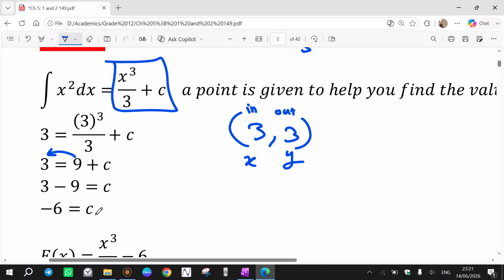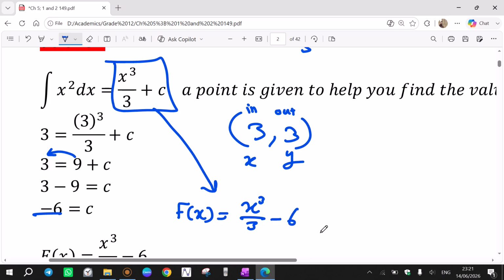Once I found the value of c, I'm going to write the integral again, but instead of plus c I write this value, which is negative 6. So F(x), the result of integral, we write it with capital letters. F(x) equal to x power 3 over 3, instead of plus c, I have minus 6.